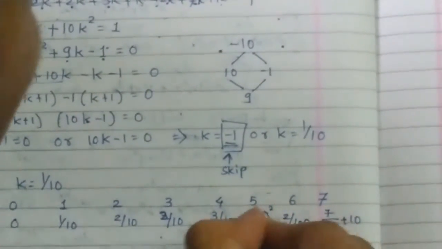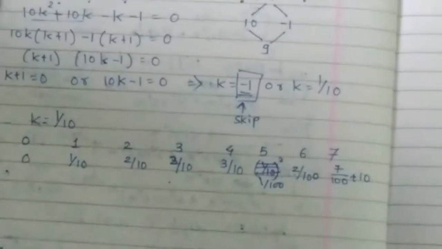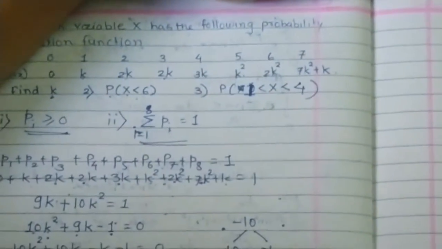Here, instead of writing 1 by 10 square, I'll write 1 by 100. So this is my expected probability distribution. Now next, we have to compute the value of P of X less than or equal to 6.